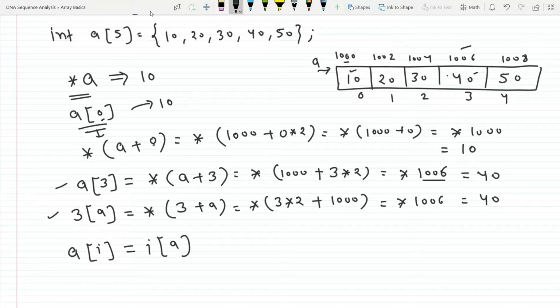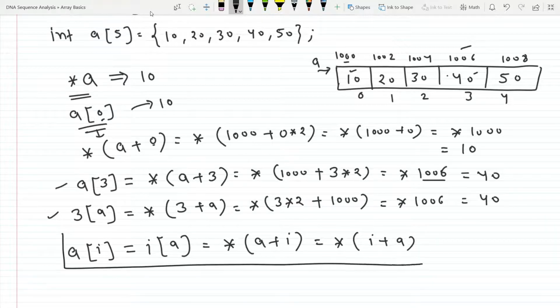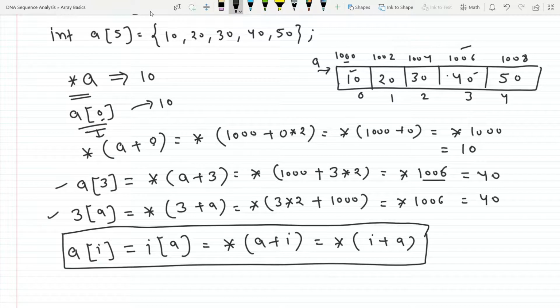This I is an index value. So this is similar to star A plus I, and this is also similar to star I plus A. All these values are the same. If you want to check, just open the C or C++ IDE and implement this one. This will give you the same result.